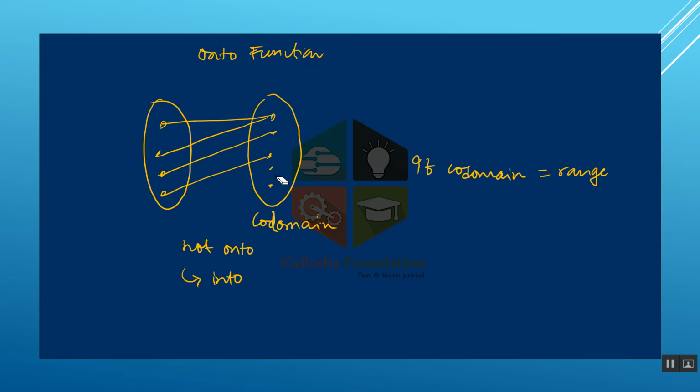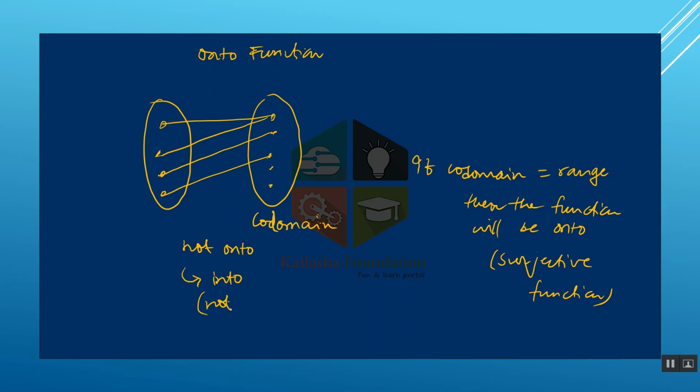That means codomain is equal to range, and then the function will be onto. And it is called a surjective function. So a function which is not onto is into, and it is called not surjective. Okay.